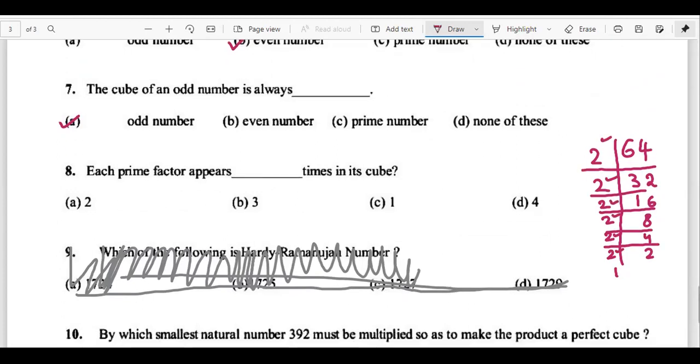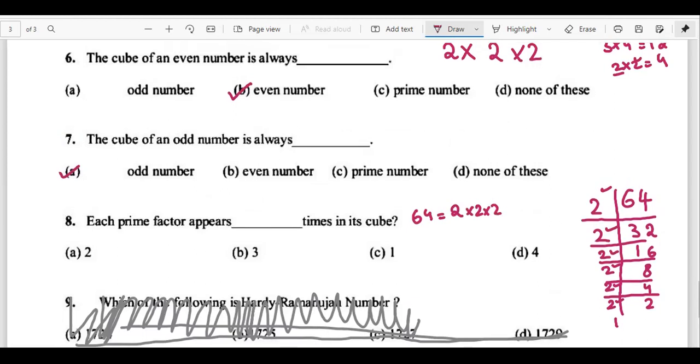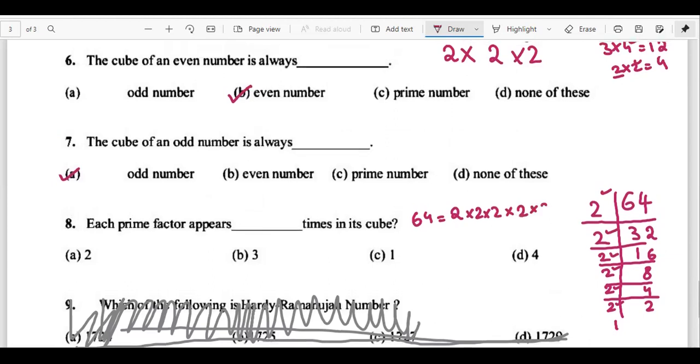So we have 64 equals 2 into 2 into 2 into 2 into 2 into 2, right? So the only prime factor in the prime factorization of 64 is 2.